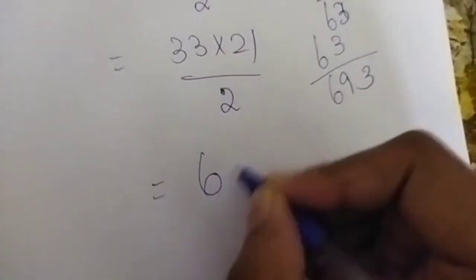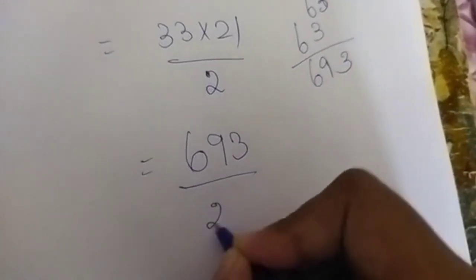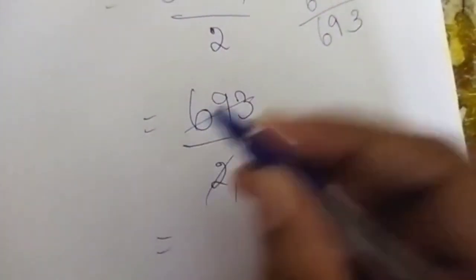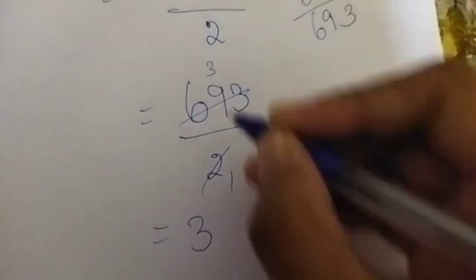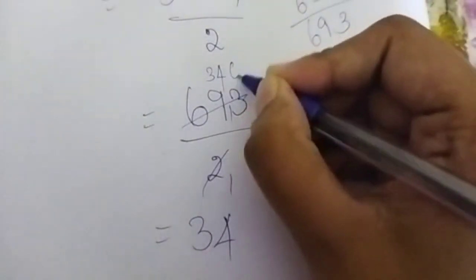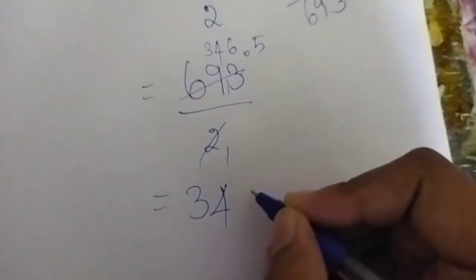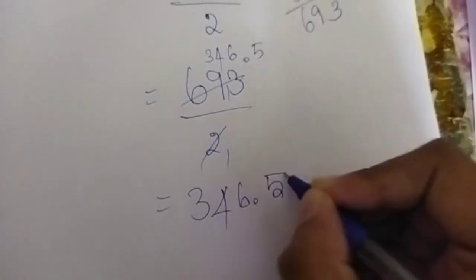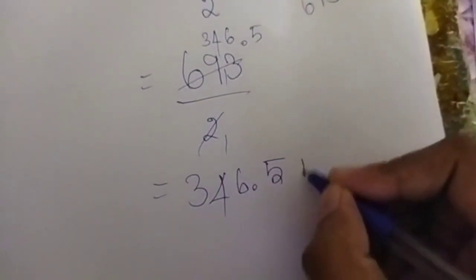So we get 693 by 2. Dividing by 2, we get 346.5 square meter.